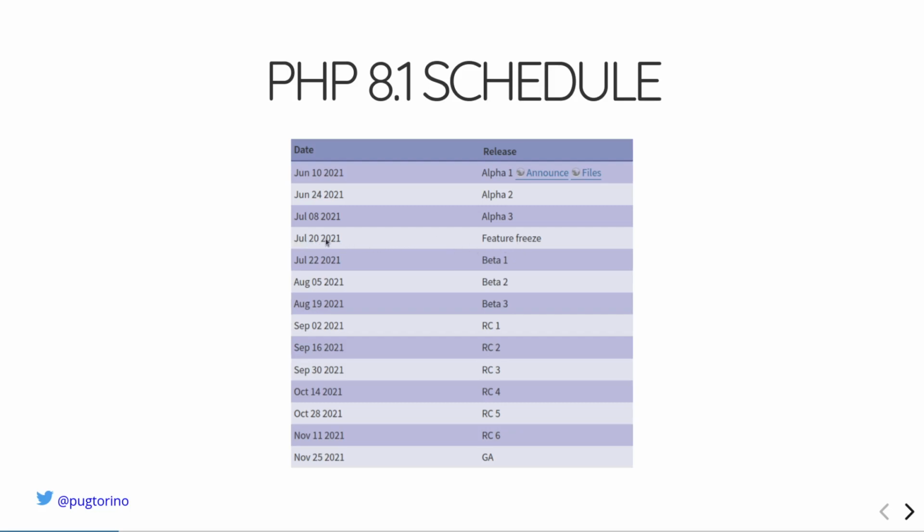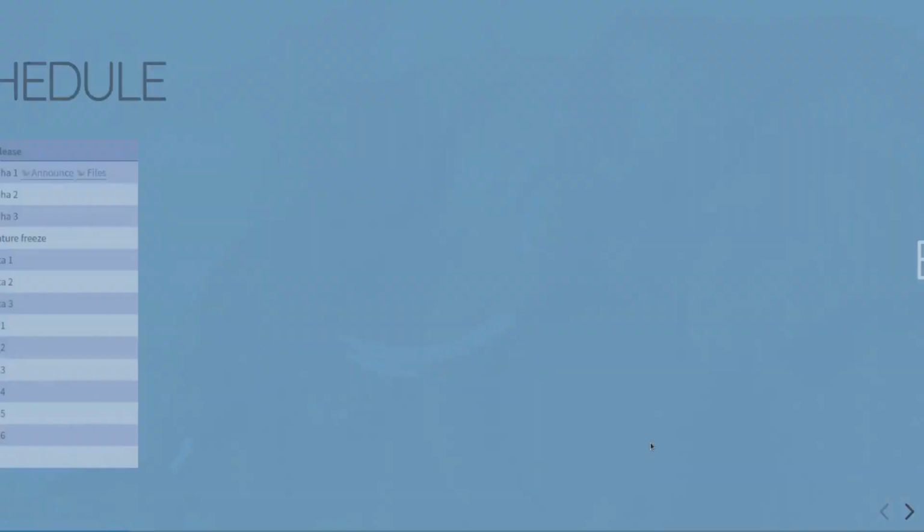So we need to wait until the 20th of July to see what other features will be included. As you can see, there are a lot of beta versions scheduled, also a lot of RC, release candidate. The GA will be on the 25th of November of this year. This is of course a tentative schedule, but this is the schedule that the PHP community proposed. So we hope that it will be respected.